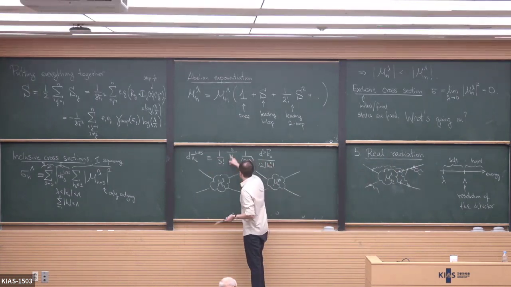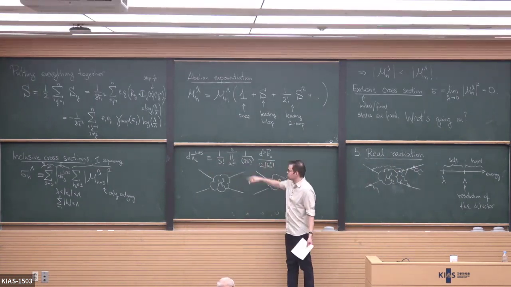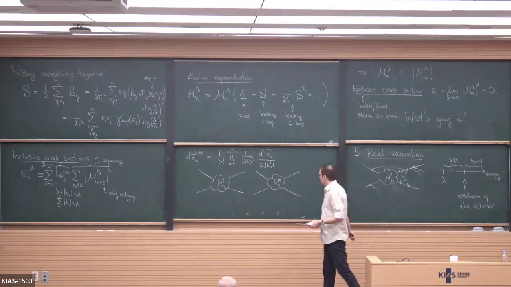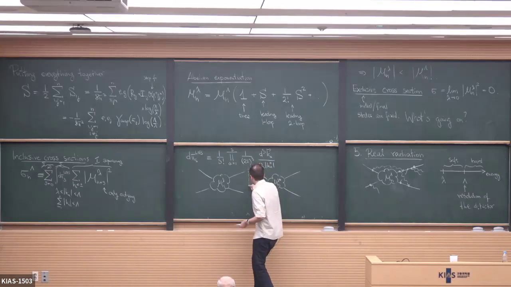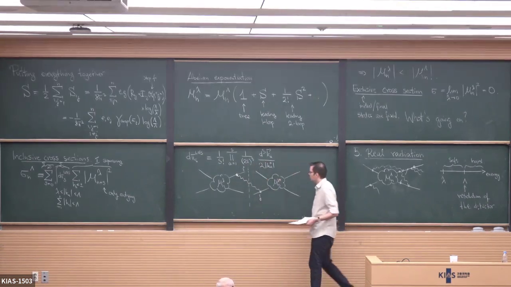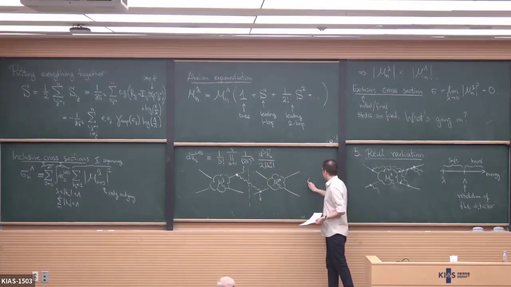Then, for example, the term in which A is equal to 1, so we exchange 1 soft particle, is associated with having the leg I in here and leg J in here. I'm just going to exchange a soft photon. So this term illustrates the term A equals 1.